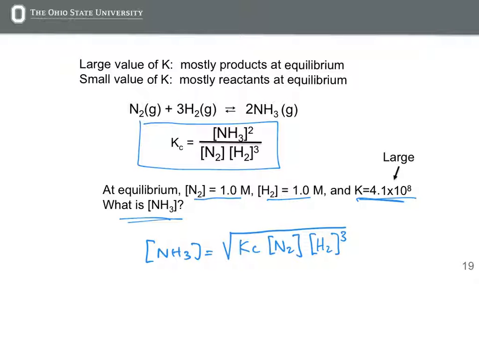All right, so hopefully you've worked through a little bit. If you're rearranging your equation, you end up with NH3 equal to the square root of K sub C times N2 times H2 cubed. We know that our K sub C is 4.1 times 10 to the 8th.